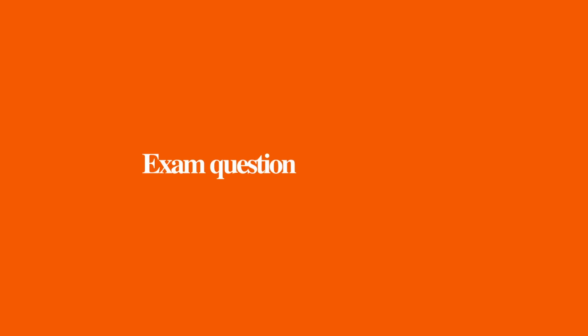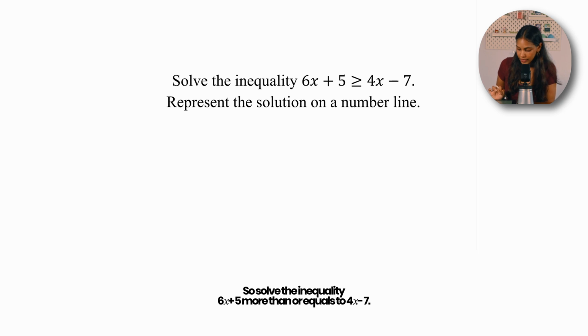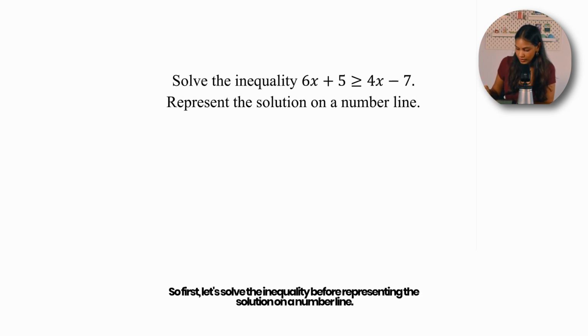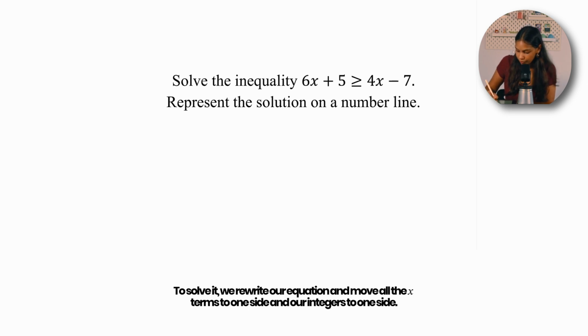Next, let's look at an example of a question that may come out in an exam. Solve the inequality 6x + 5 ≥ 4x - 7. First, let's solve the inequality before representing the solution on a number line. To solve it, we rewrite our equation and move all the x terms to one side and our integers to one side.